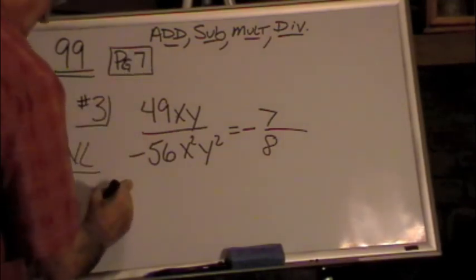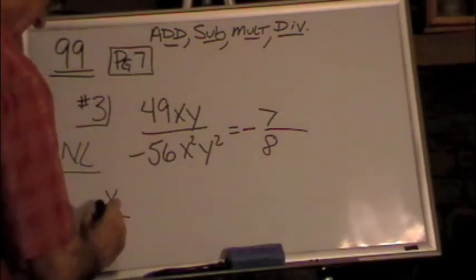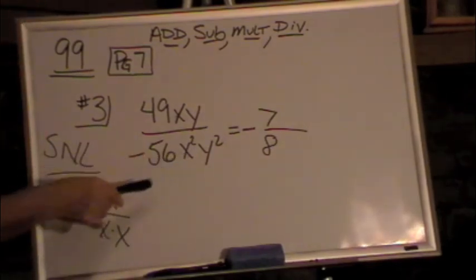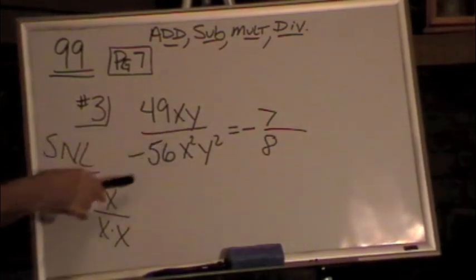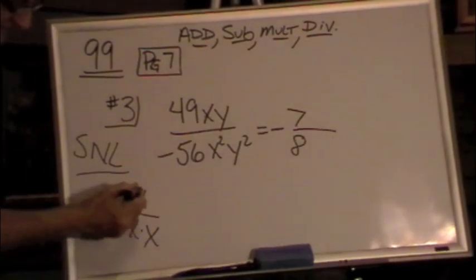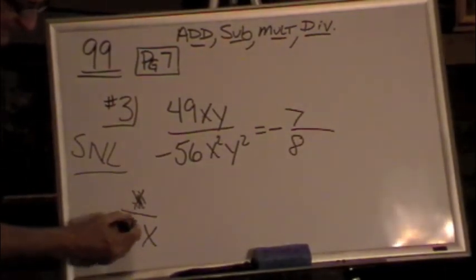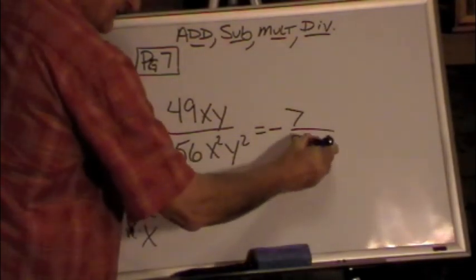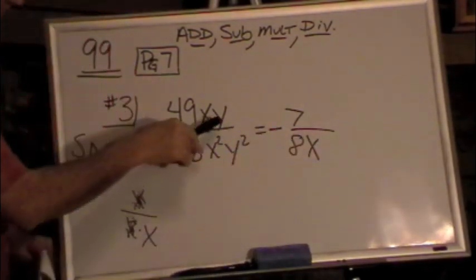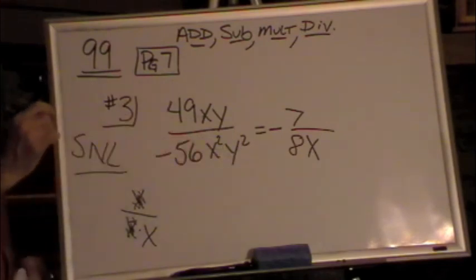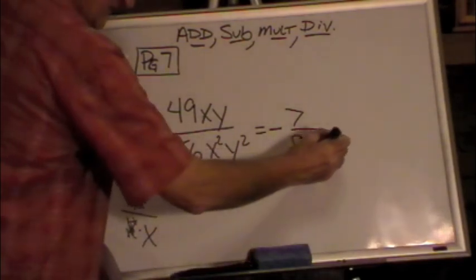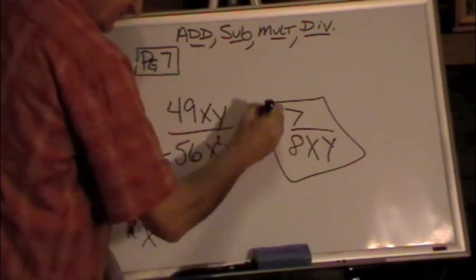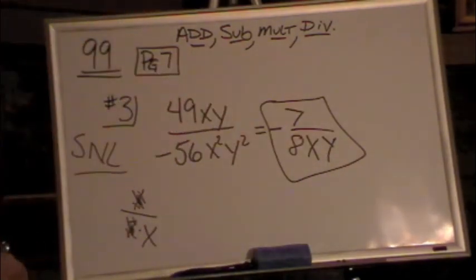When you have X divided by X squared, you cancel out an X and an X, you have 1 X left on the bottom, don't you? So you have 8 and you have 1 X right there. 1 Y, 2 Y's. Where's the highest Y? Bottom, goes right there. That is your final answer.